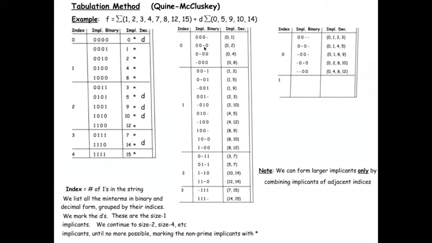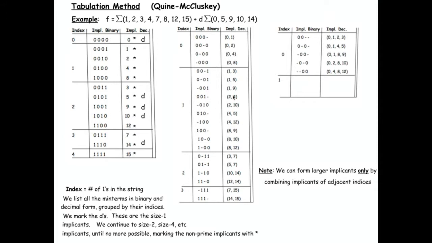So 0, 2 differs by 2, 0, 4 differs by 2, 0, 8 differs by 2, 1, 3 differs by 2, 1, 5 differs by 2, 1, 9 differs by 2, right?